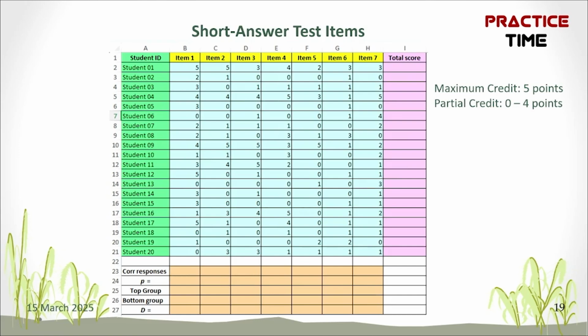Divided by what? 20? The maximum point for this test item is 5 times the number of students, which is 20. That will give you the answers. See that? Be careful. That's how we do it.